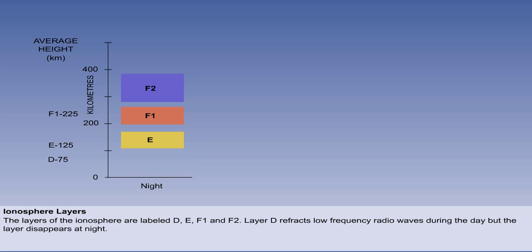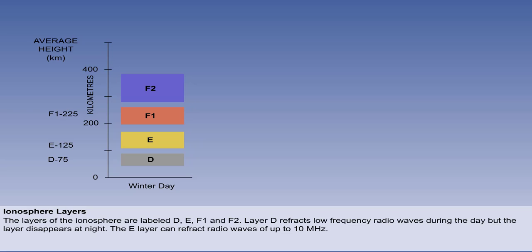At night, the negative electrons and the positive ions recombine, and the D layer disappears until the next sunrise.